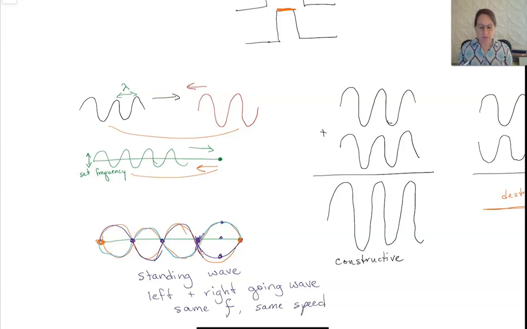The speed is determined by how tense the string is, and we need the same amplitude. Again, not too hard to generate if we're on the same string. Then this is created by the same oscillator that's going at the same amplitude all the way along. So we're going to spend some time looking at standing waves, because this becomes pretty important for sound generation and a number of other applications, but we'll look at it primarily in sound.